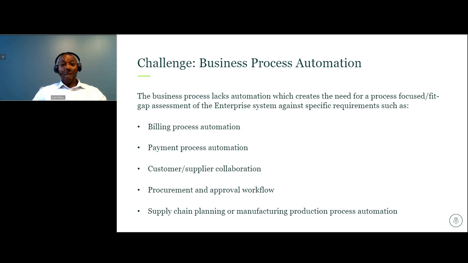So that would force a need to automate that. We've also seen a myriad of challenges with supply chain and planning, or with manufacturing production processes, such that there's then a need to automate inventory planning and forecasting to meet customer demand or production scheduling.